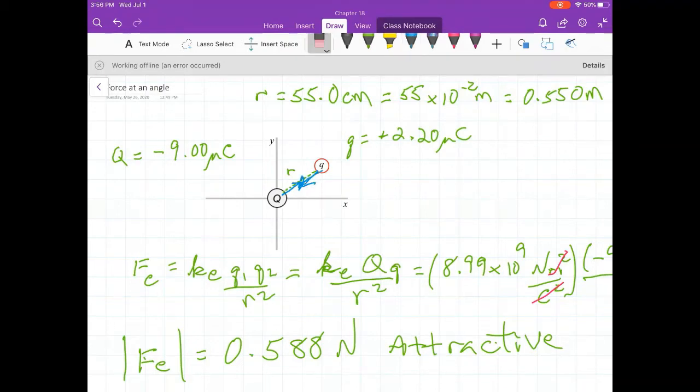Now it's a little bit crowded there, so let me try to clean it up some. The point being that the force with which the large Q is attracted to the small q, and the small q to the large Q, those forces are equal and opposite in direction. Both of those forces will have a magnitude, the length of the vector, of 0.588 newton.